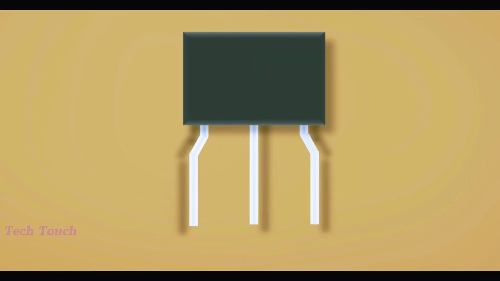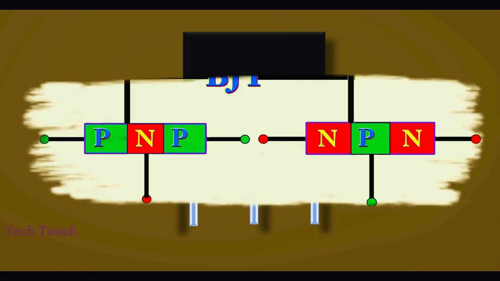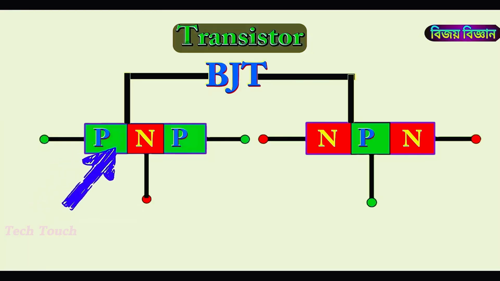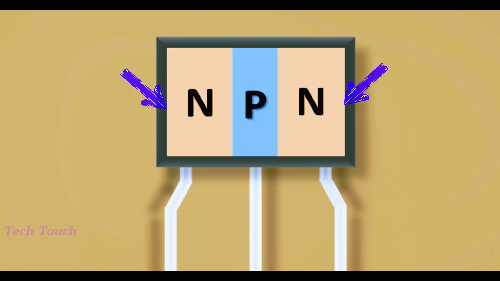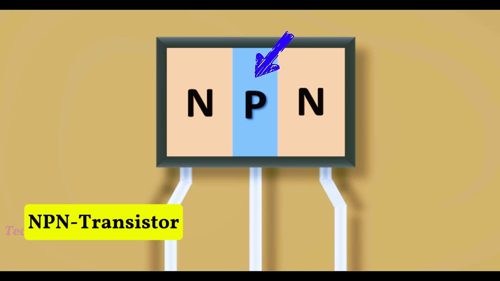Let's get started. What you see on the screen is a BJT transistor, model number BC557C. BJT transistors are mainly of two types, PNP and NPN. Transistors that have N-type or negative semiconductors on both sides and P-type or positive semiconductors in the middle are called NPN transistors.